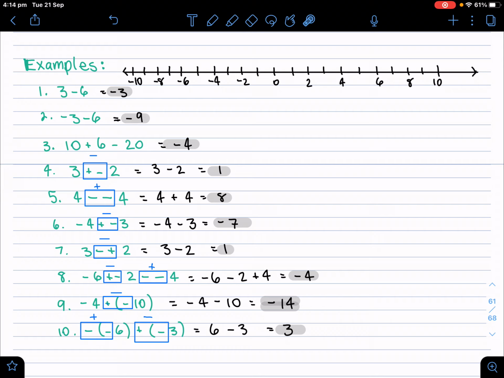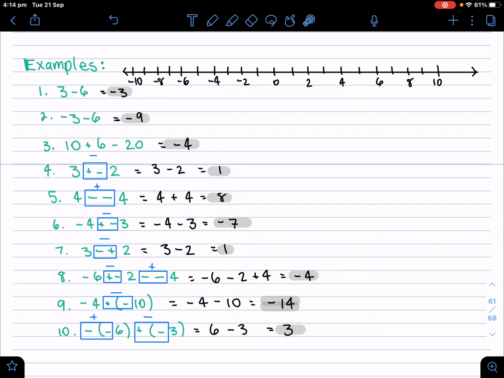Let's go on to example 5. Example 5 says 4 minus minus 4. So we have two symbols next to each other and they're the same. They're both minuses. So when the symbols are the same and they're next to each other, that equates to a plus. So this is the same as 4 plus 4, which equals 8.